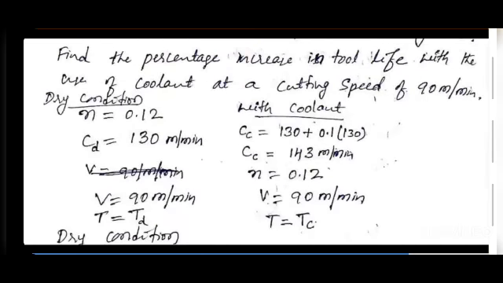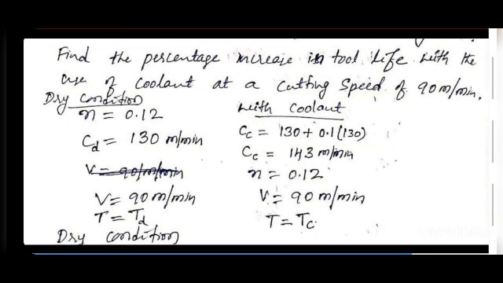So, on the left side I have taken the dry condition value, n is equal to 0.12. CD, C suffix D, is the machining constant under dry condition, 130 meter per minute. V value is the same for both dry and wet condition. Operating at the same cutting speed. Here this problem gives the effect of coolant.